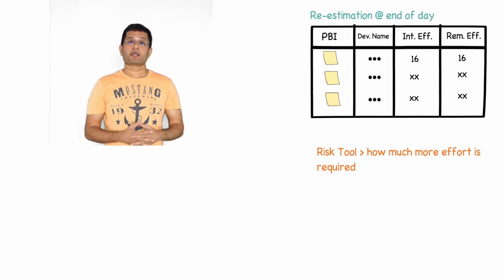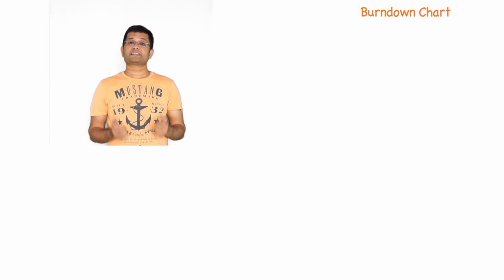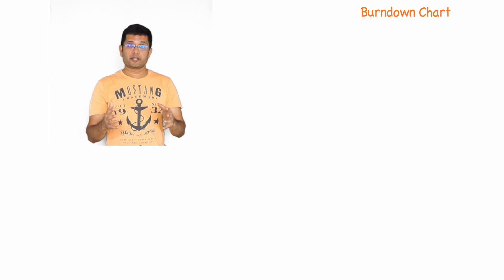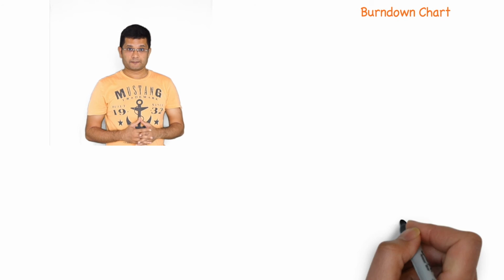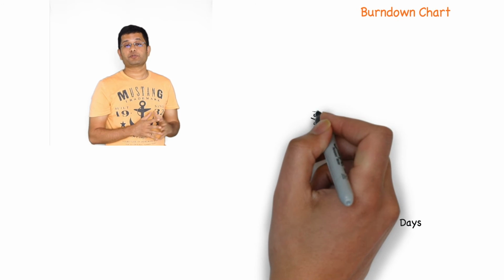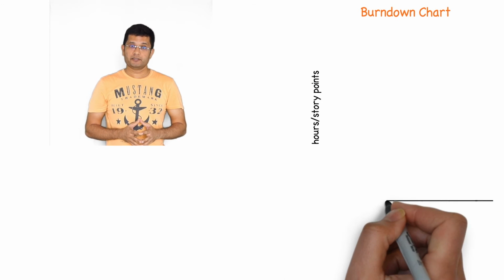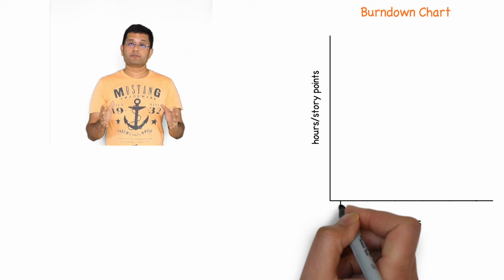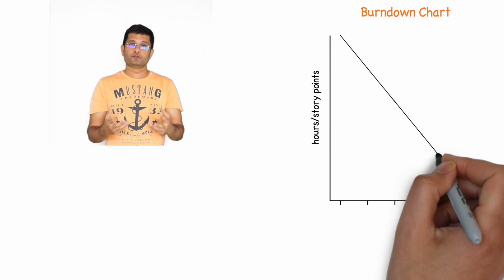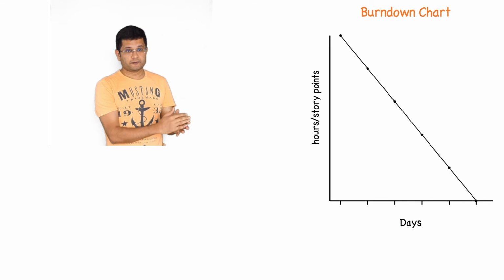The next morning, I would come and look at the burn down chart. The burn down chart provides a visual representation of the remaining hours required to complete all the PBIs. On the horizontal axis we have the days and on the vertical axis we have the number of hours. So during the beginning of the sprint, we would look at the total remaining effort required for the project and we would assume that this would be burned down linearly and we would draw an ideal curve.